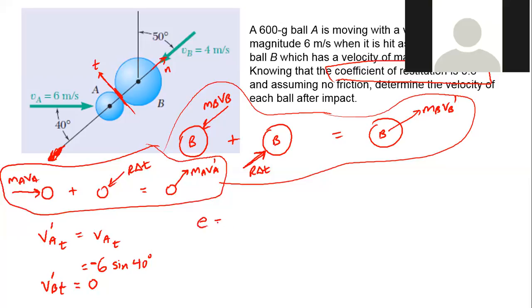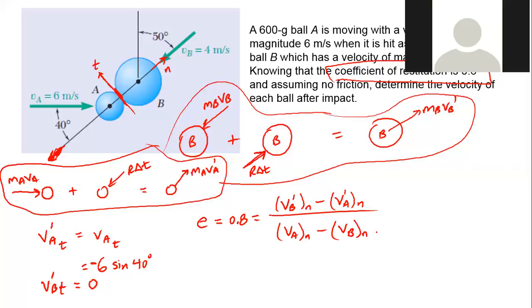If we have our E, which was given as 0.8, I think, we just look at what we have after the impact. So VB prime in the normal direction, minus VA prime in the normal direction, over VA initial in the normal direction, minus VB in the normal direction.